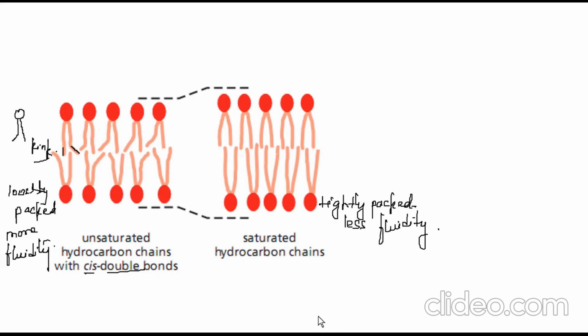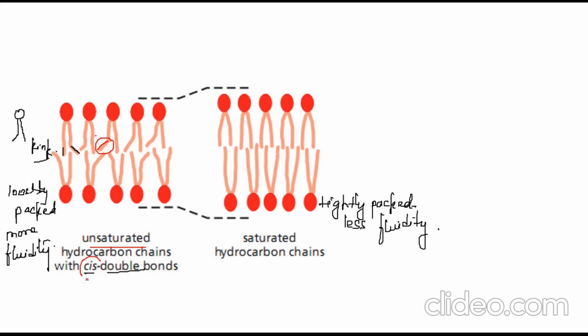Another thing which we have studied is that the molecules in the unsaturated hydrocarbon chain have a kink. This structure which you can see here, the leg is not straight, there is a kink, and you can see here that in the unsaturated hydrocarbon chain there is a cis double bond.